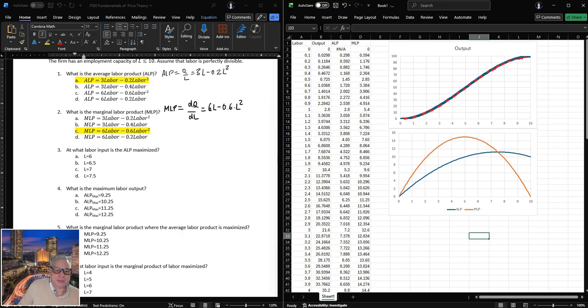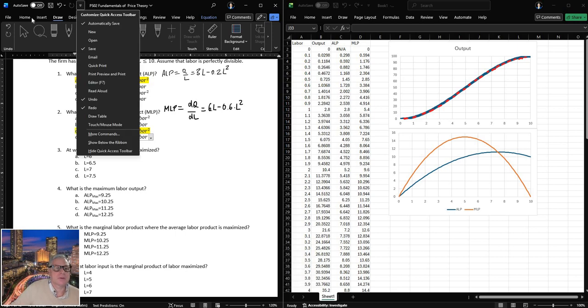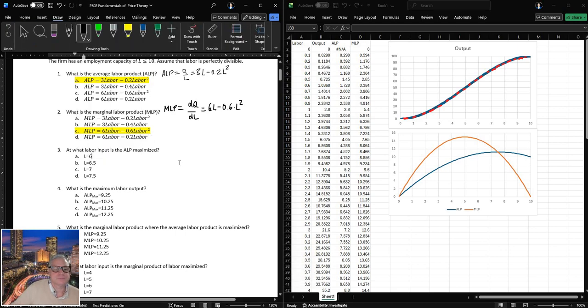So what we do is we take the derivative of the average labor product function, d average labor product with respect to L, which is this term here, and that is 3 minus 0.4 L, and it has to be equal to 0 because we are looking for a maximum where the slope is 0.